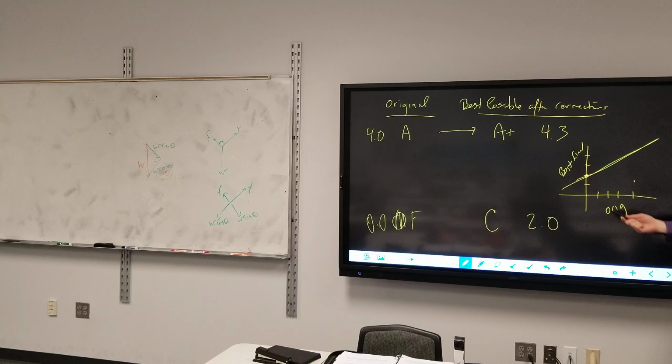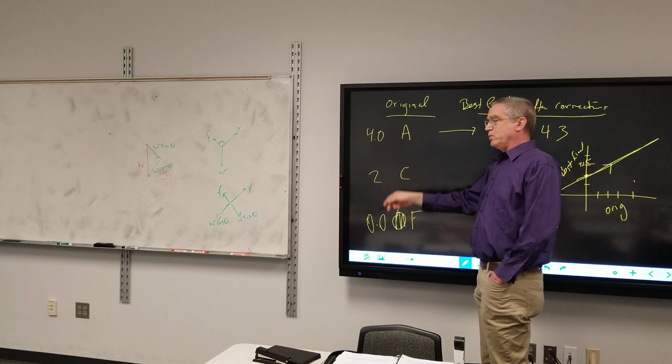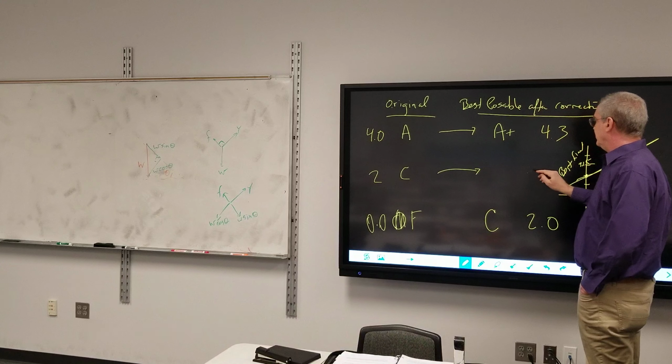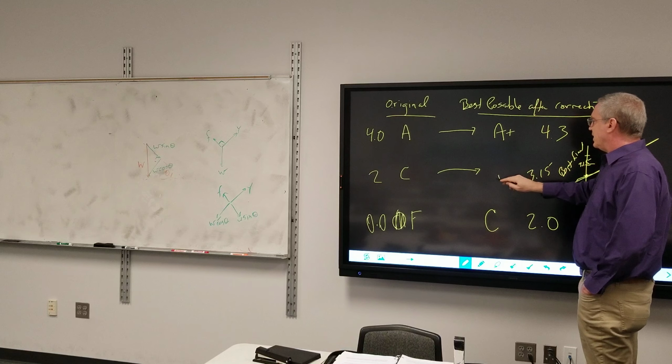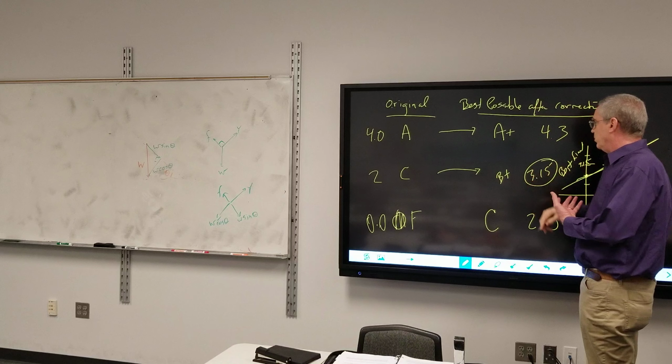Now it's just a matter of, well, a C would be halfway in between, so a C would actually be a 3.15. So if you had a C originally, it's halfway between those, you could bring it up to a 3.15, which technically is a B+, but if you got the best on it, that's what would show up in the grade book.